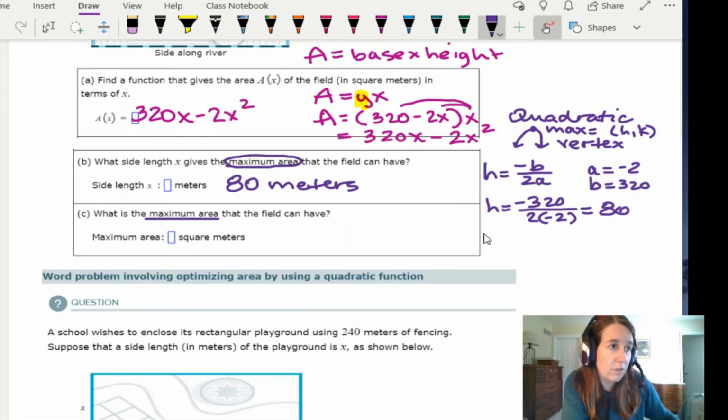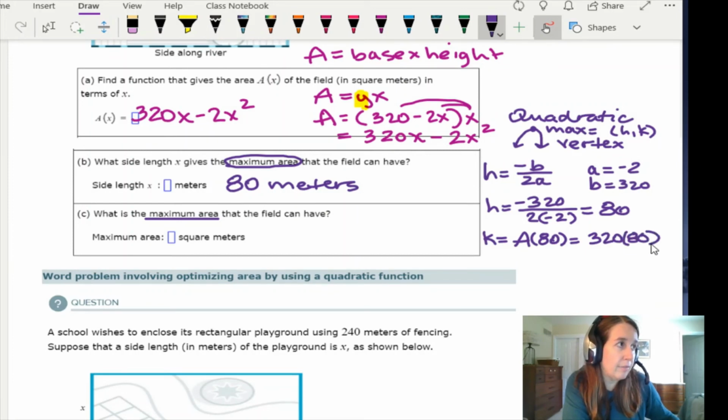Make sure it's still on the screen. Yep, 320 times 80 minus 2 times 80 squared.